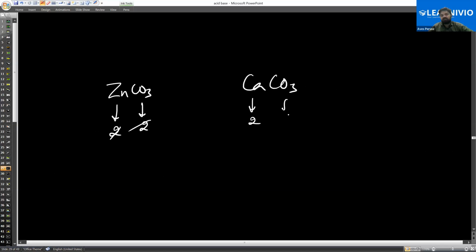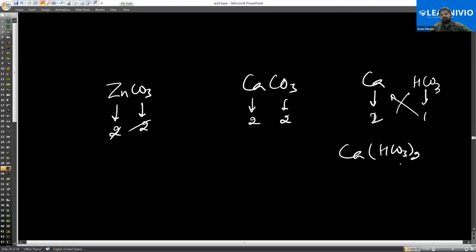But for calcium hydrogen carbonate, calcium has two and hydrogen carbonate is one. Cross multiply, it will be Ca(HCO3)2.